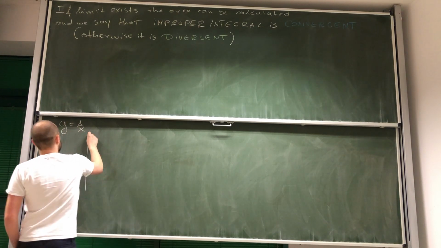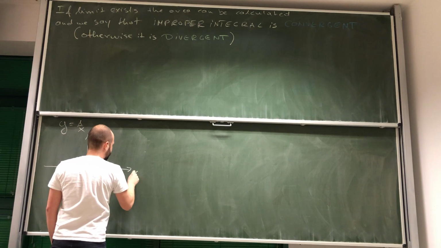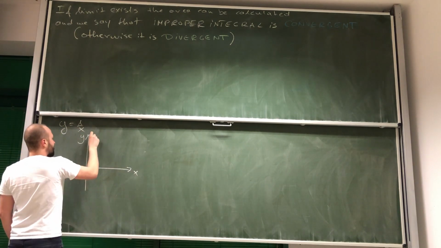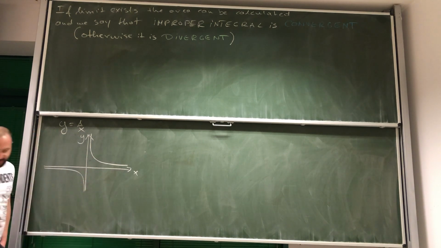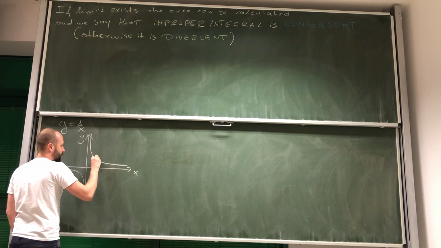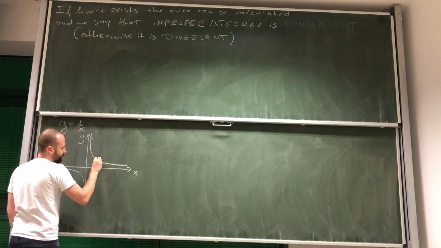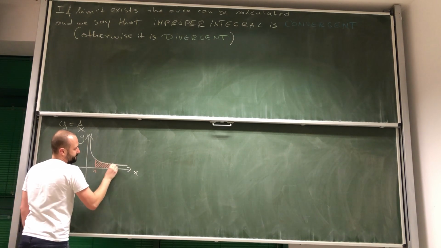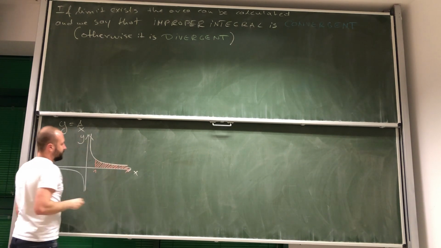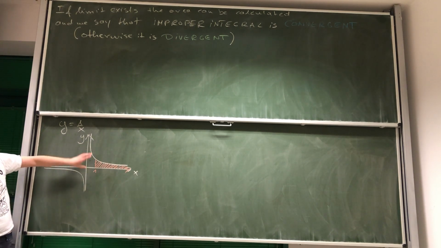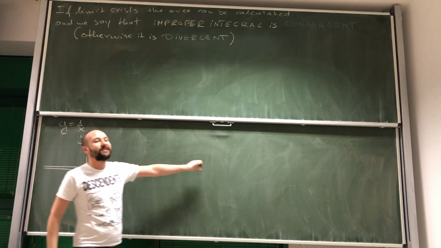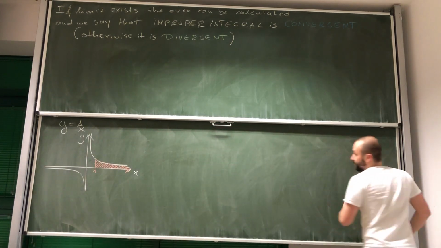And let's just say we are interested in what is the area below this function from 1 to infinity. So I want to know what is the size of this entire area from 1, but of course till infinity.